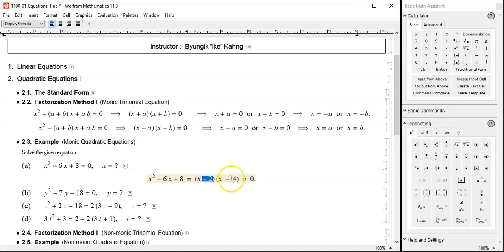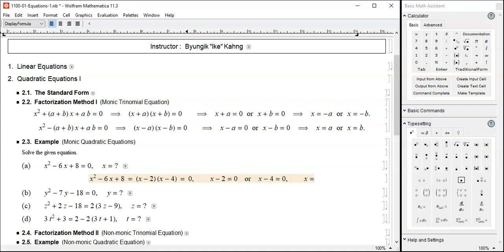Please check. -2 times -4 is equal to 8, and they add up to -6. So this times that is +8, and they add up to -6. So what we have, the first factor, x minus 2, is equal to 0, or second factor is equal to 0.